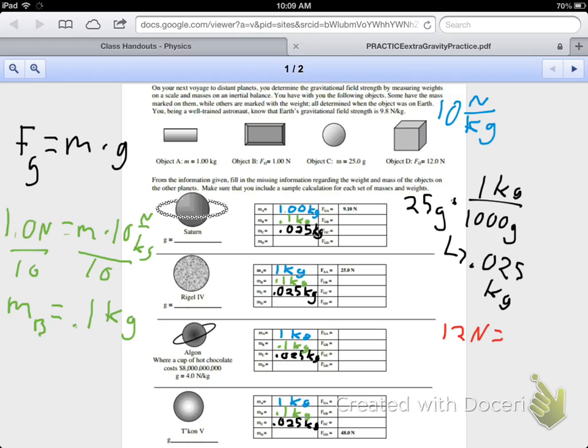So 12 newtons equals the mass times 10 newtons per kilogram, divided by 10. We have a mass for object D of 1.2 kilograms. So again, everywhere we see mass D, 1.2 kilograms.